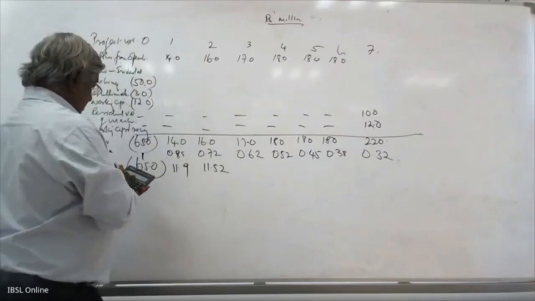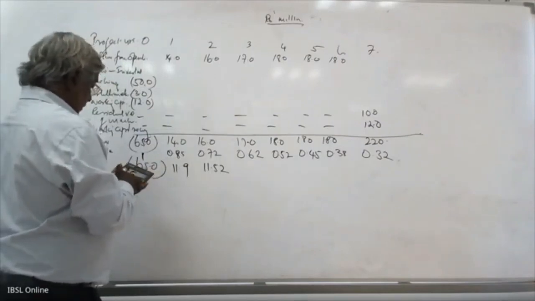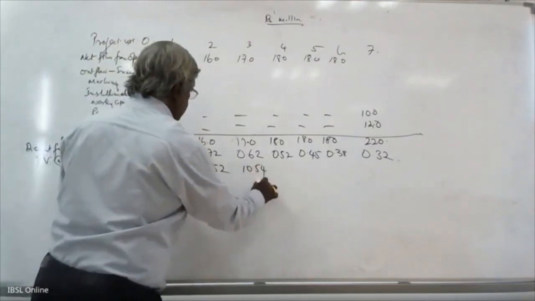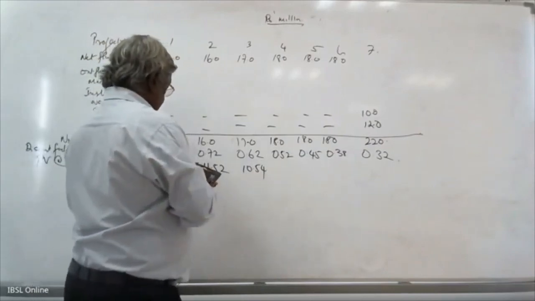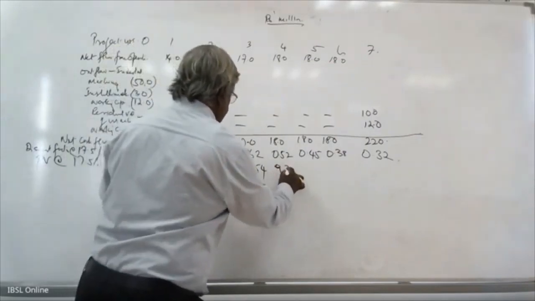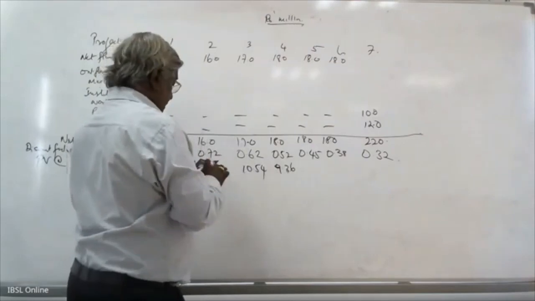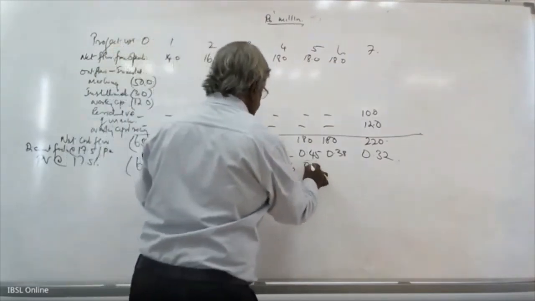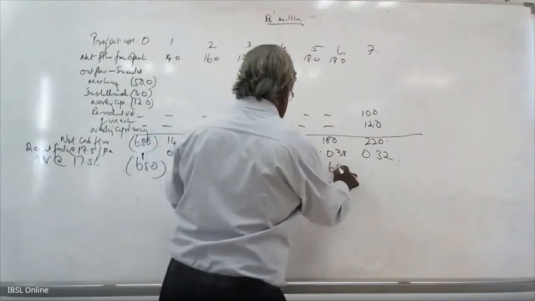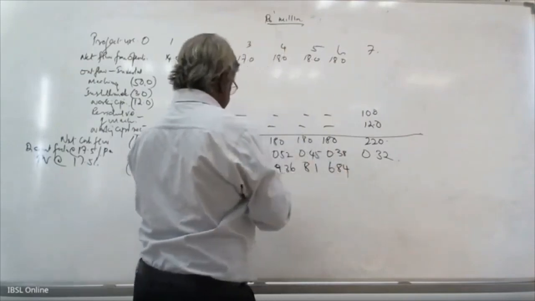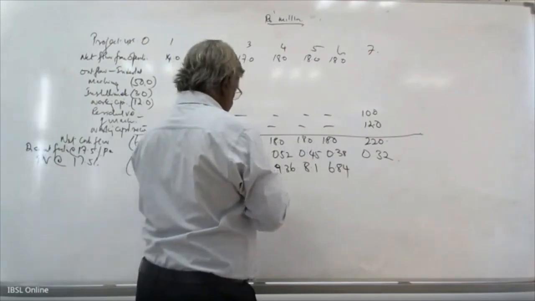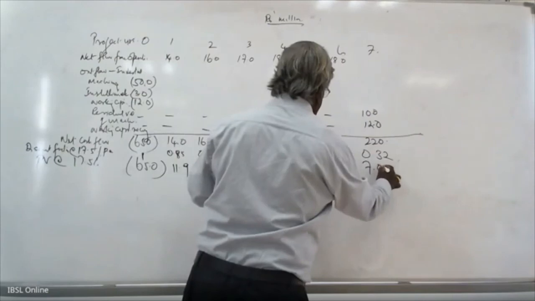Then 17 into 0.62, 10.54. Then 18 into 0.52, 9.36. Then 0.45, 8.1, 0.38, 6.84, then 22 into 0.32, 7.04.